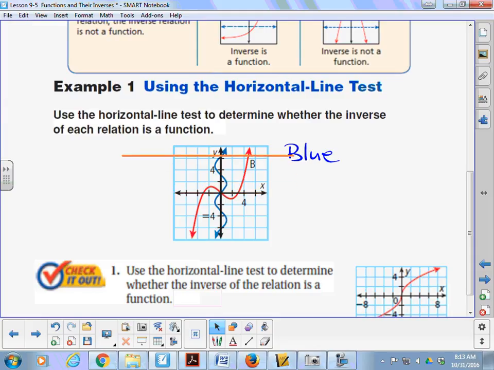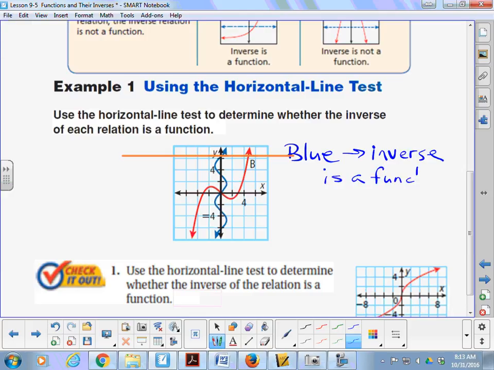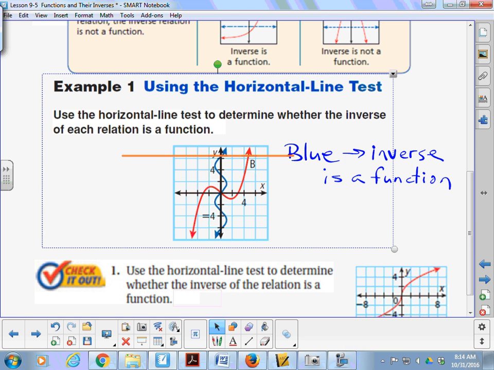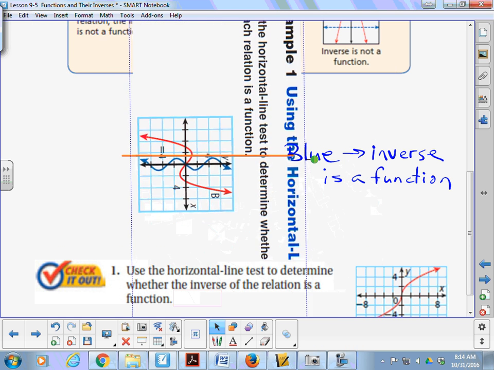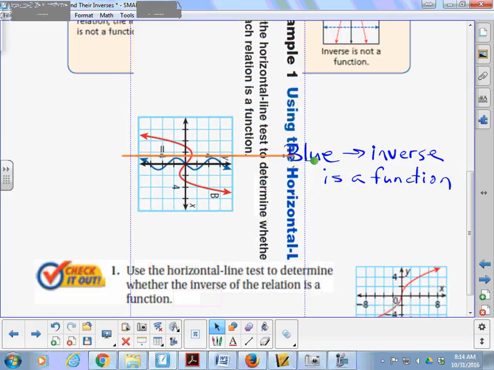So with the blue line, the inverse is a function. Because if I took this graph and I rotated it, we can see that blue line would pass the vertical line test. We'd never have an intersection.